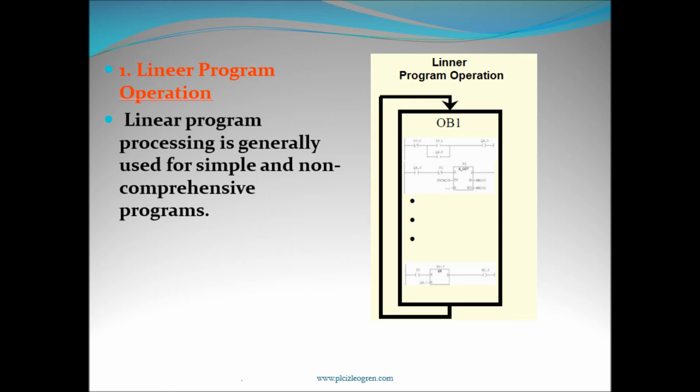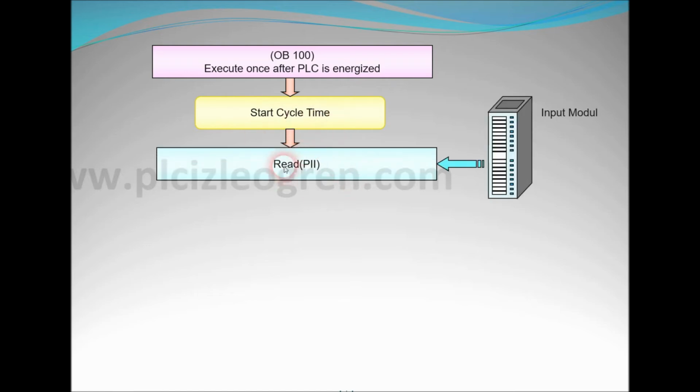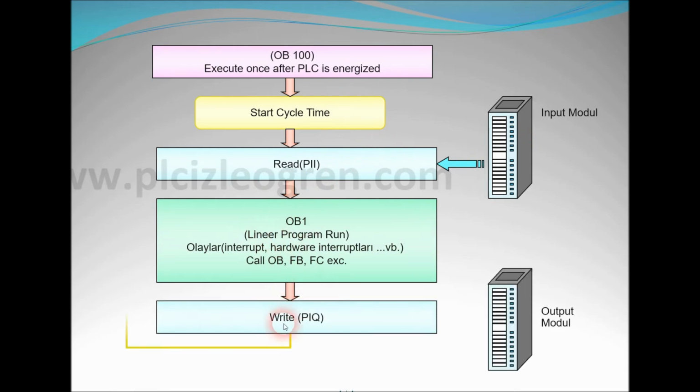Here we are going to try to demonstrate briefly what circuit time is. The program is operated according to the code written in the input model, and then it is sent to the output. The point you should be careful about is the status of input and output.